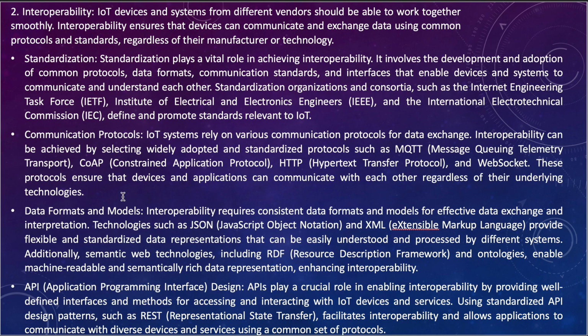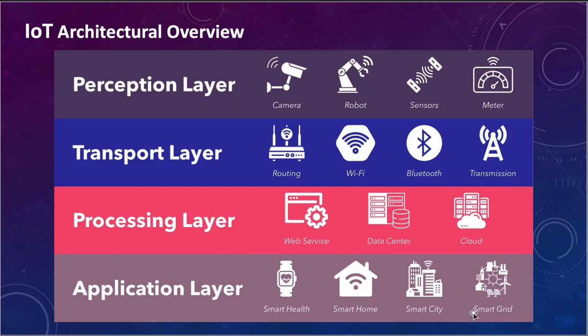So the same standards that are being used in web applications, websites, and apps are being used here as well, because when the application layer wants to communicate with the perception layer, the message should go through the processing layer and transport layer into the perception layer. So in that sense, the traveling is always linear, and it doesn't skip in between.